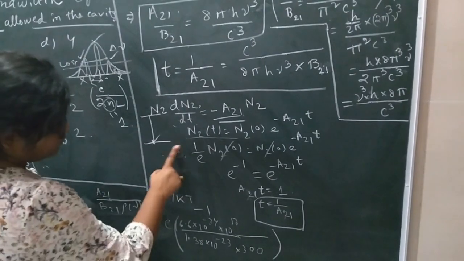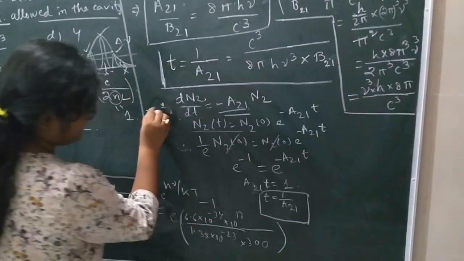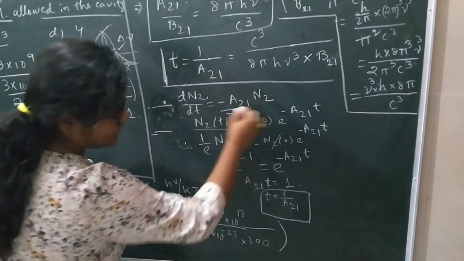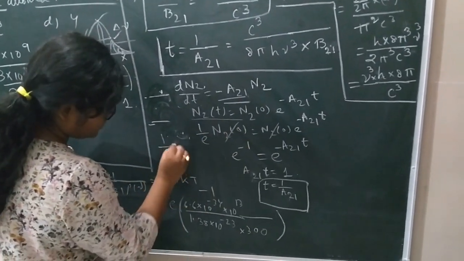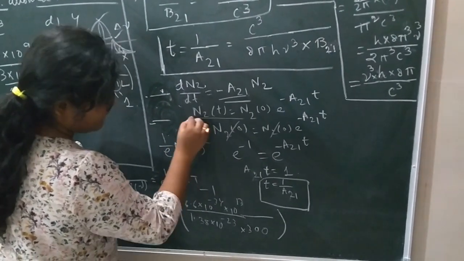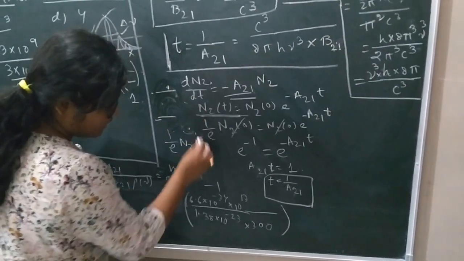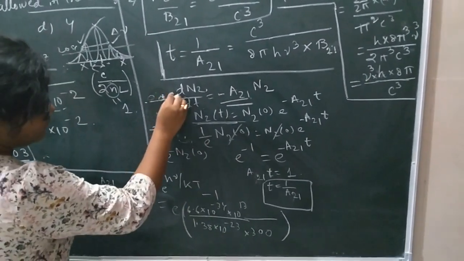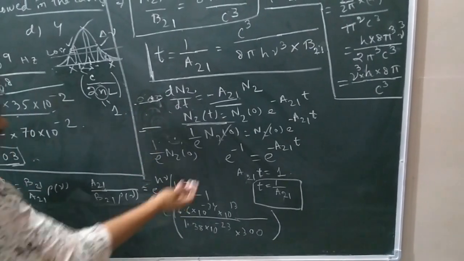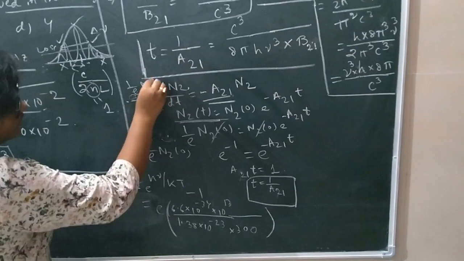Now if the initial number is N2 naught, and after a certain time it decays and the number becomes 1/e times N2 naught, then N2(t) = N2 naught / e.